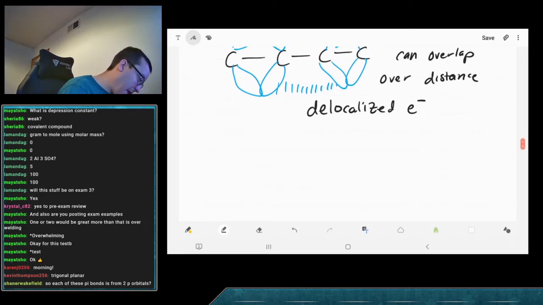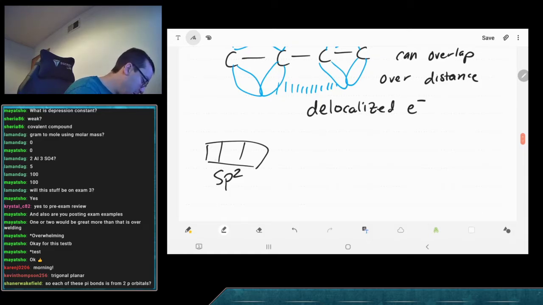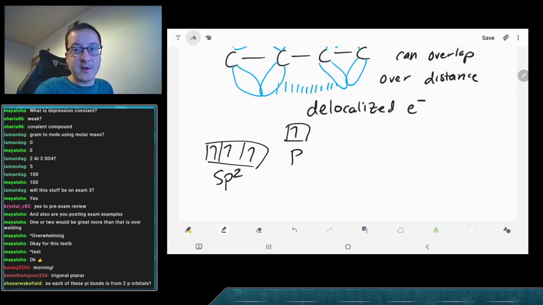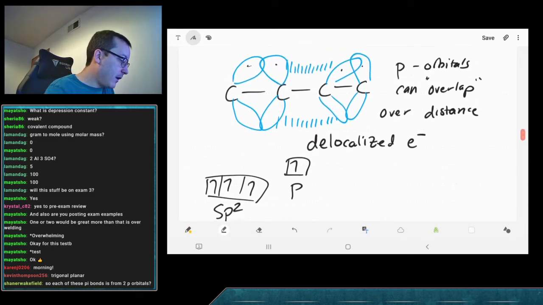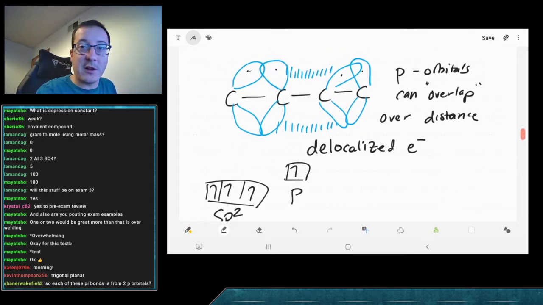So I think I'm getting ahead of myself. Here is our sp2 orbital. And we have our lone p orbital, right? This is one of those carbons. We have one electron in the p orbital. That electron is free to move and bond with any other p orbital nearby. And so if we have this chain of similarly hybridized molecules, if they have leftover p orbitals, those electrons can delocalize, meaning they can move very far away from the carbon that they originally came from.